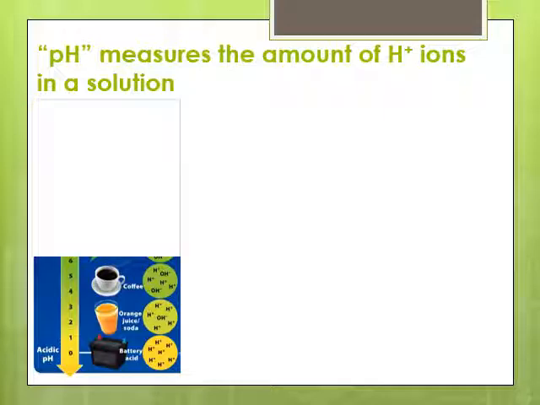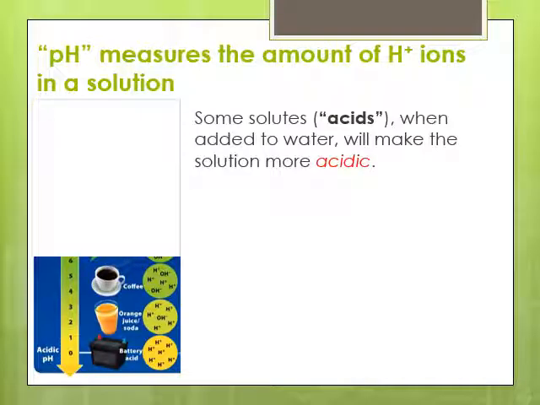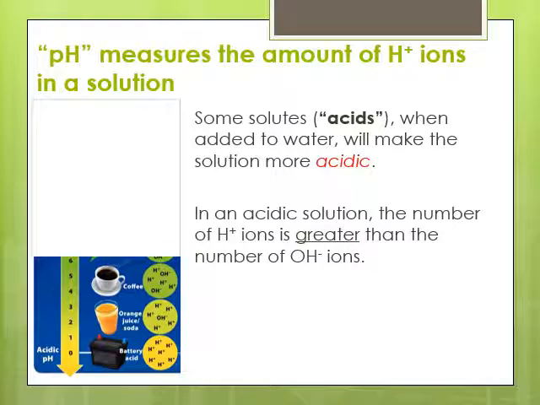So when we go below 7, what's happening? These are when we get into our acidic pHs, right? So when added to water, we're going to make it more acidic if we're adding acidic solutes. And that means that the number of hydrogen ions is greater than the number of hydroxide. Okay, so H plus greater than OH negative.